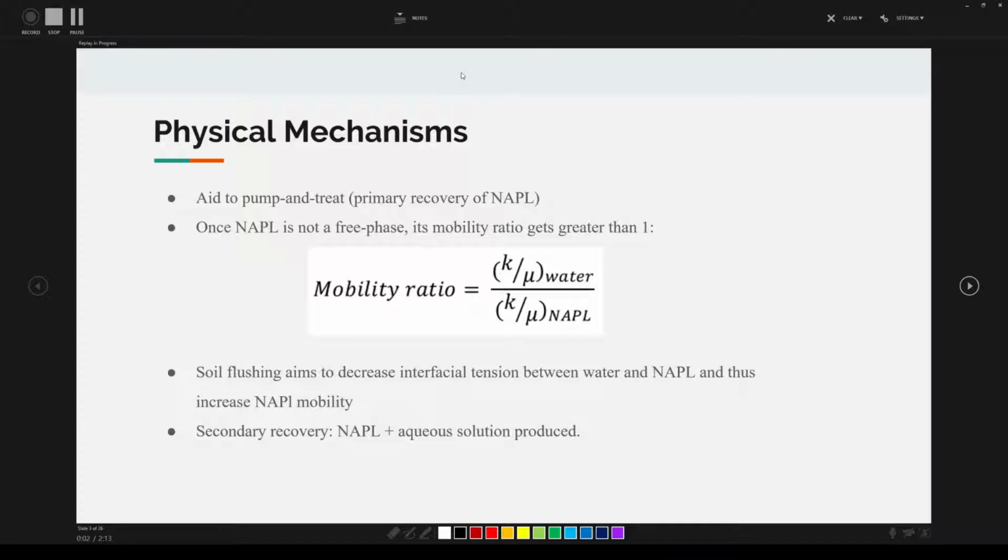And here we want to briefly talk about the behavior and the mechanism at the particle scale in the soil contaminant site.